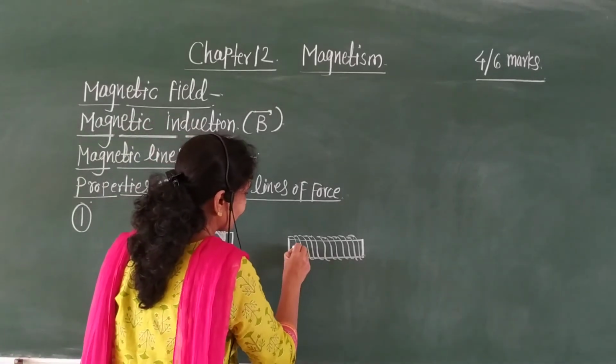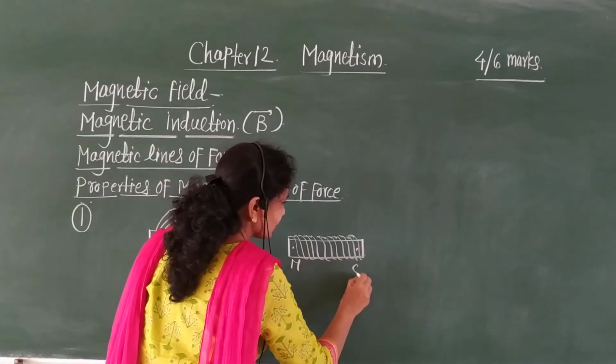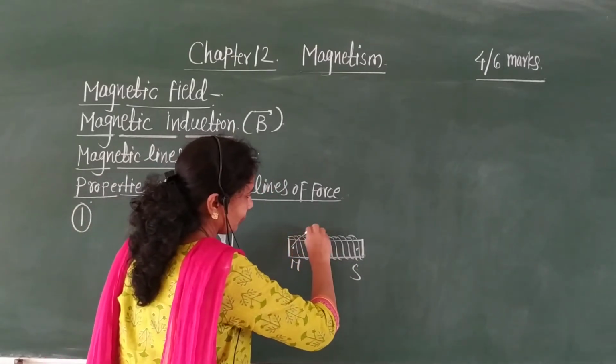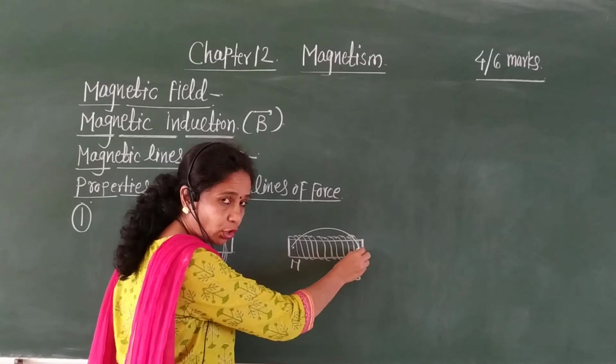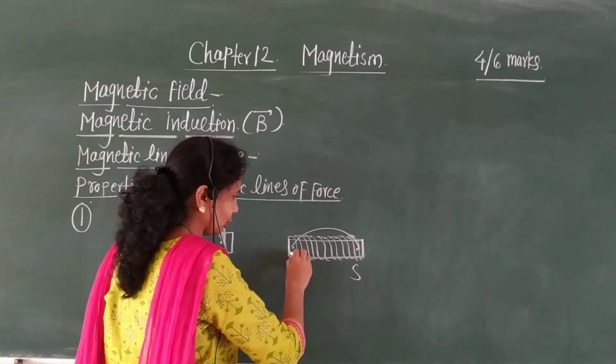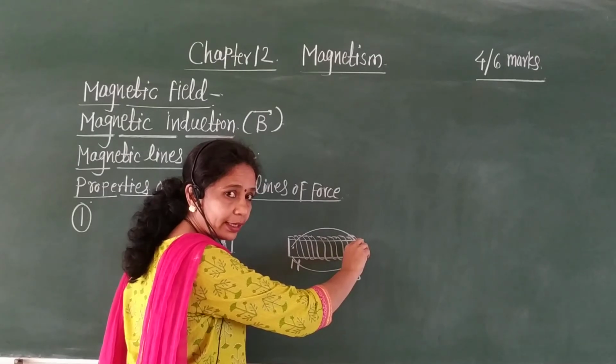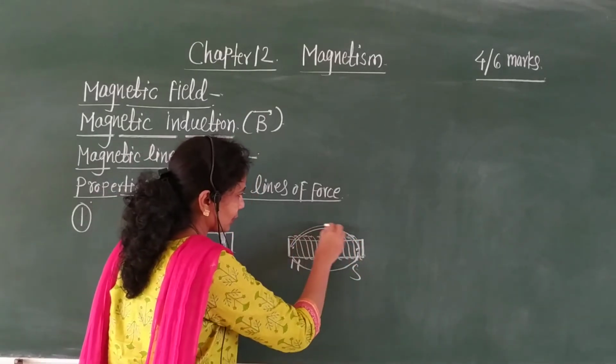Therefore, this is the north pole, this is the south pole. Again, lines of force start from the north pole and end on the south pole. See, like this.